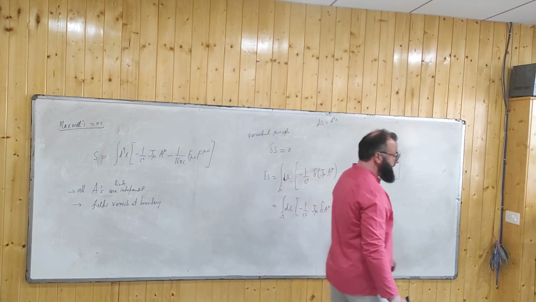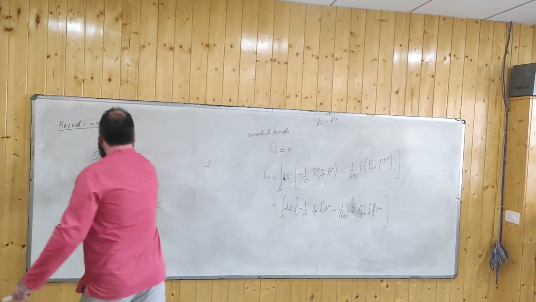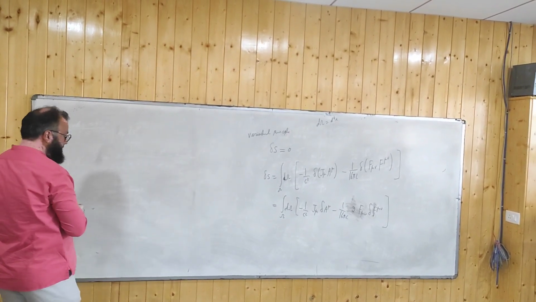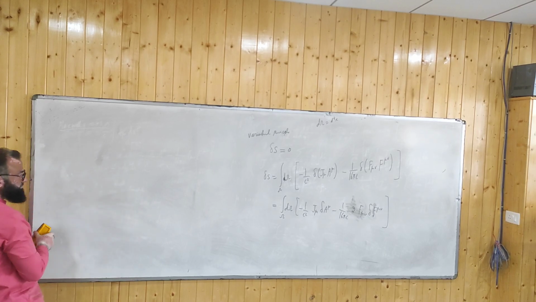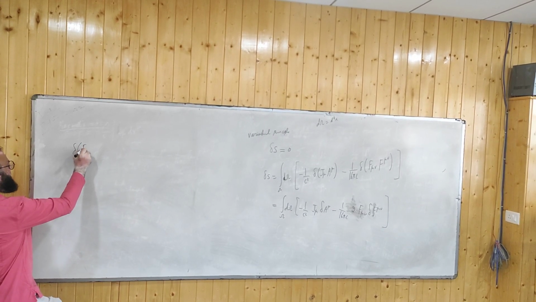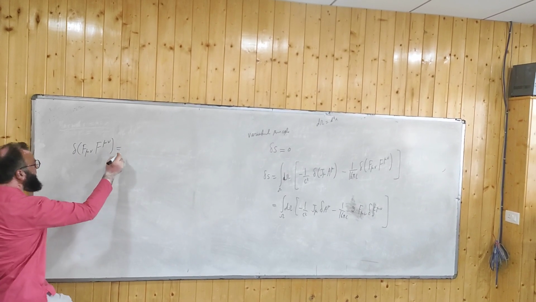Okay, so let me write it. What is the variation of this object? Let me show it. So you are having the variation of f mu nu, f mu nu. So how do I write it?